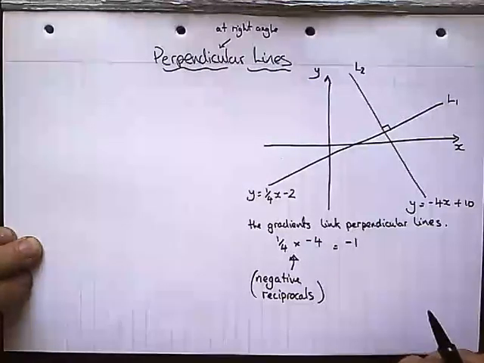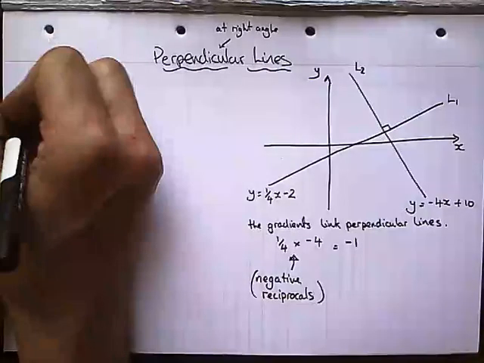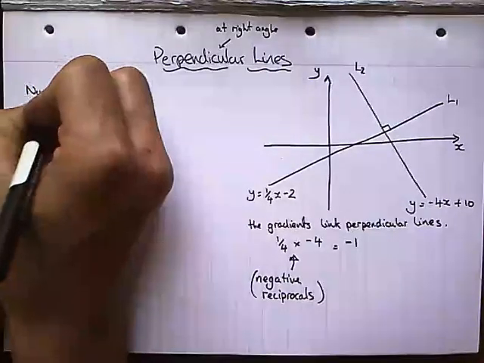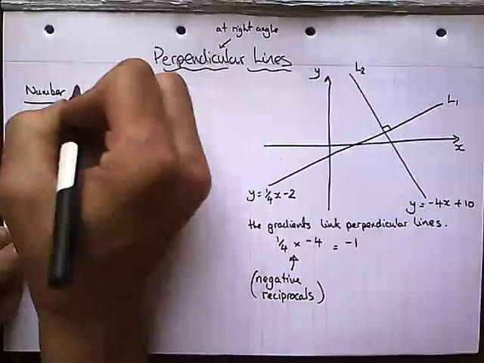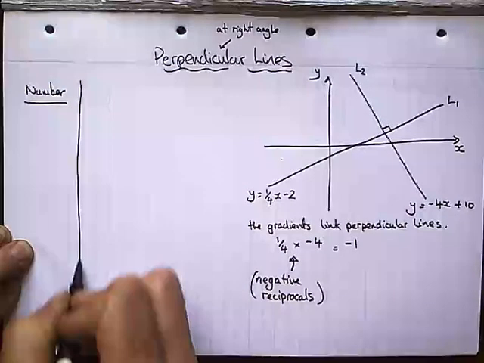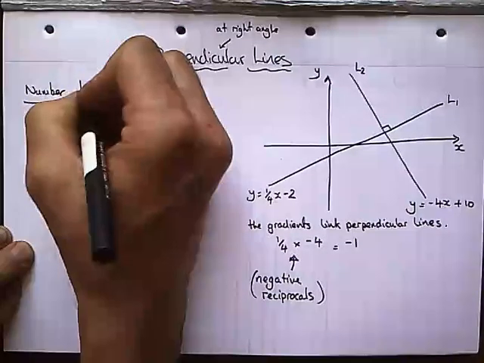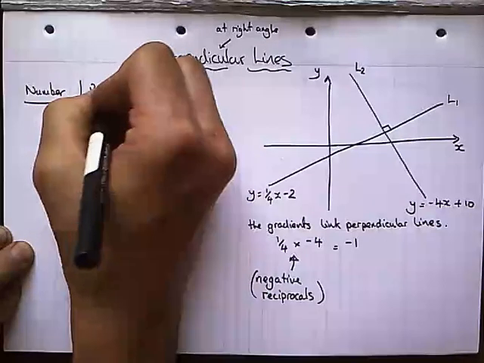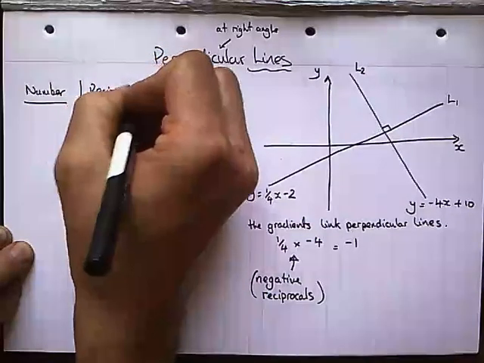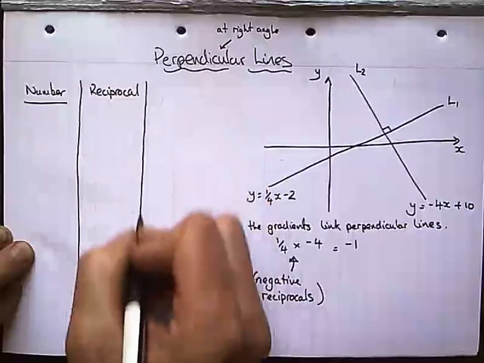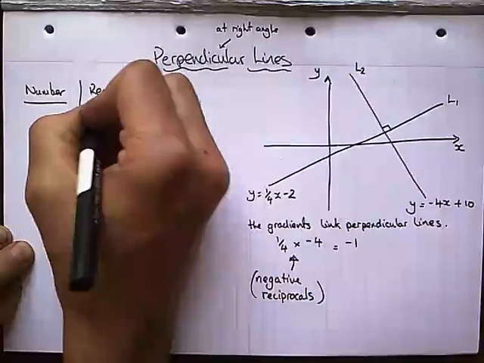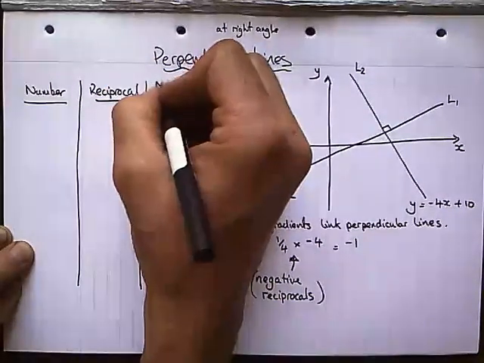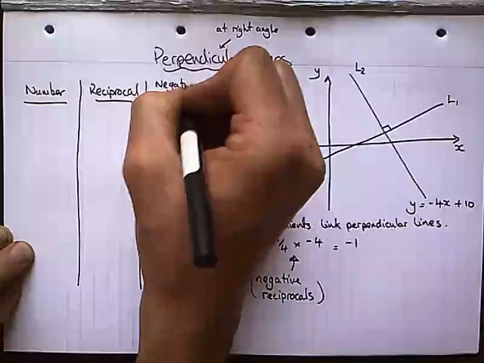That's it. So if I had a number, let's talk about the numbers that we could have, and we will find the reciprocals of that number. And then all I'm going to do is find the negative reciprocal.